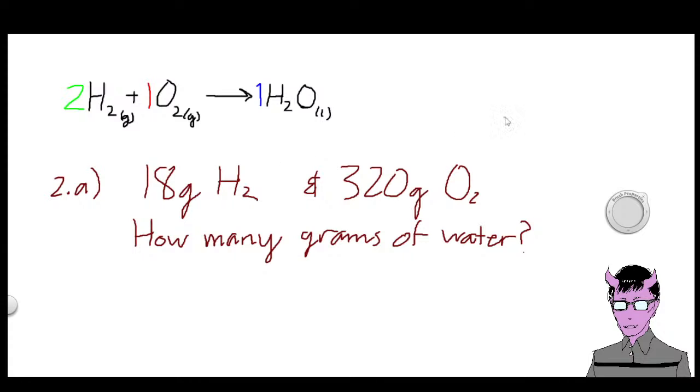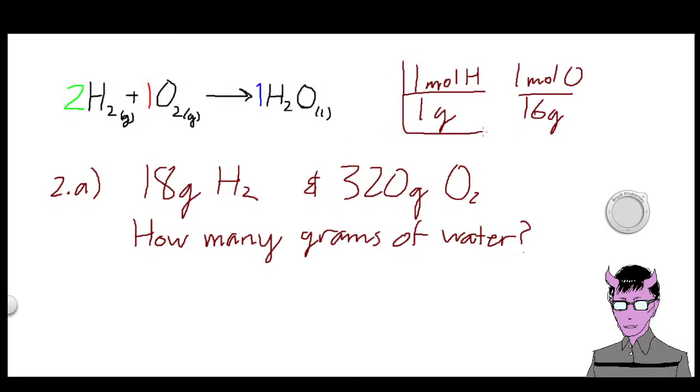We need actual counting pieces, so we need to reference the periodic table yet again, but I'm going to give the crude numbers. For every 1 mole of just hydrogen, not diatomic, it's going to be 1 gram for now. And for every 1 mole of singular oxygen, it's going to be 16 grams approximately. These you get straight from the periodic table.